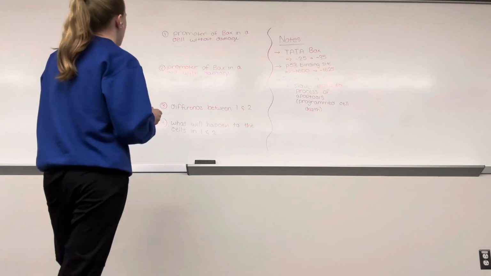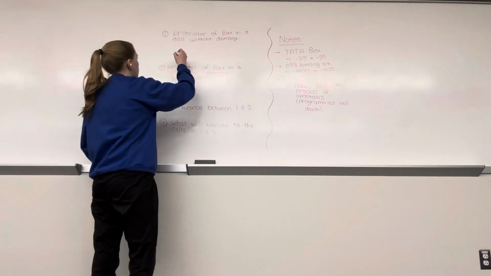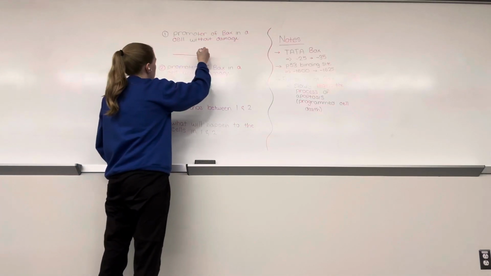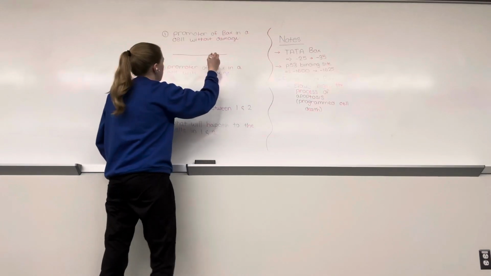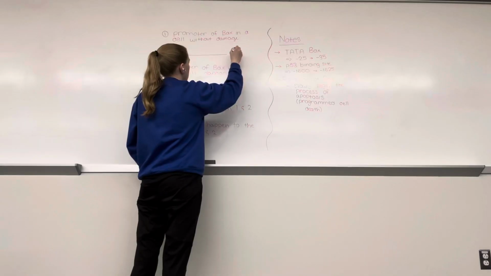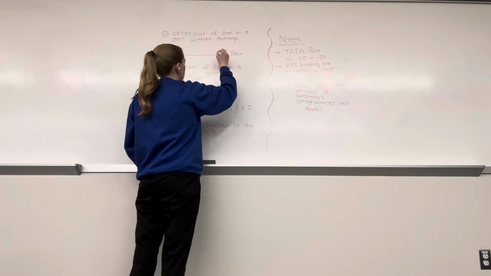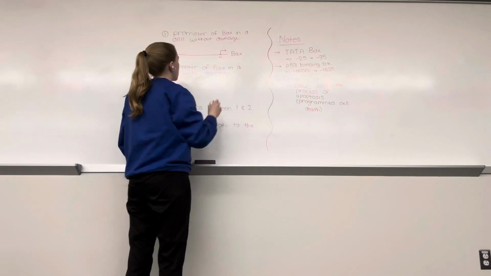So, to draw out the promoter of Bax in a cell without damage, that will look like this. Have a line, then Bax on the end. So here would be the starting site right here, so it'd be +1.